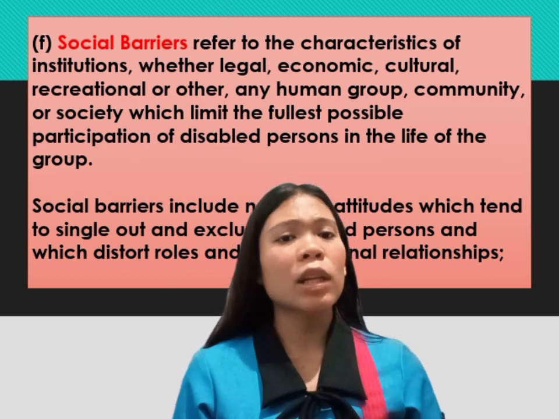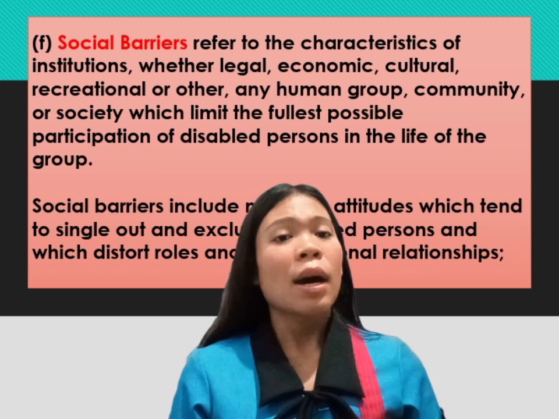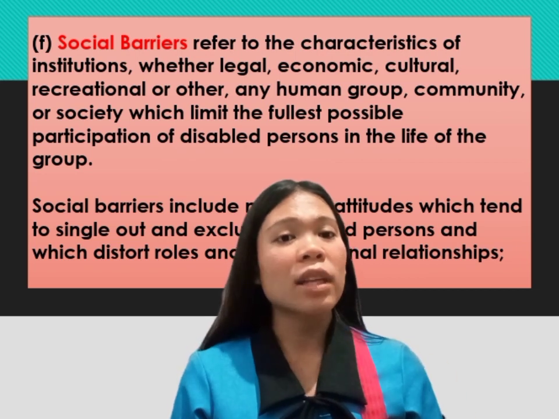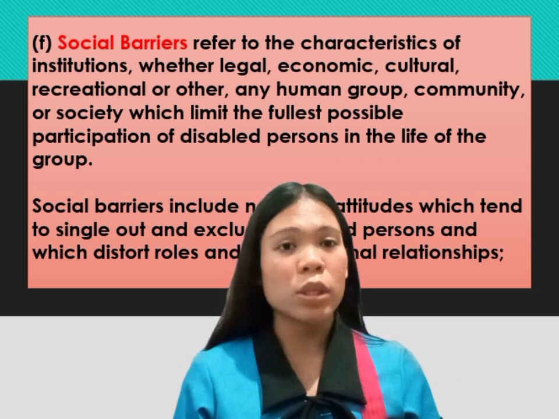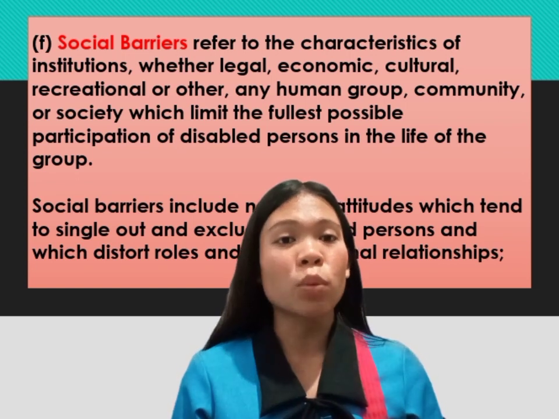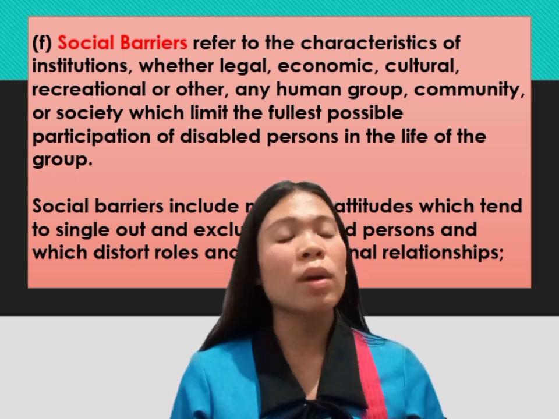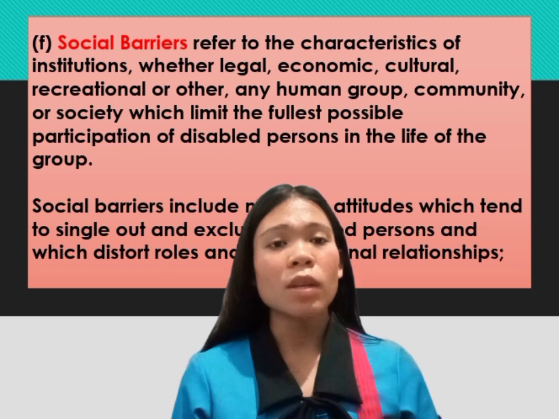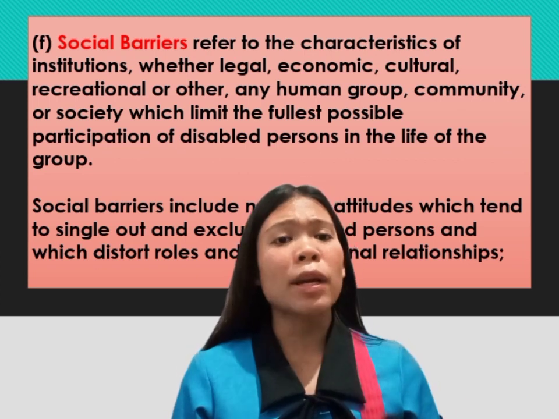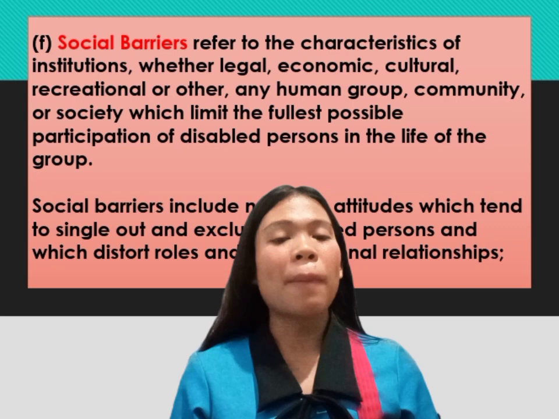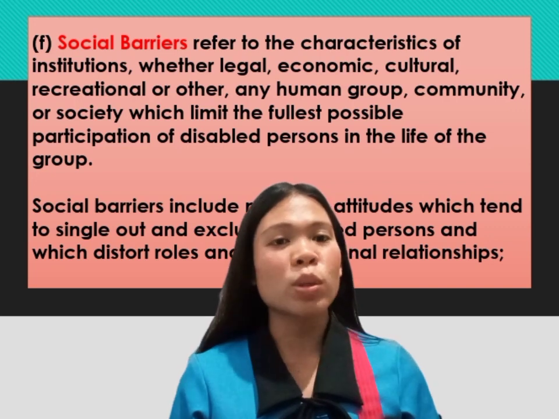Social barriers include negative attitudes which tend to single out and exclude disabled persons and which distort rules and interpersonal relationships. Alright, so those are some terminologies under this Republic Act number 7277.